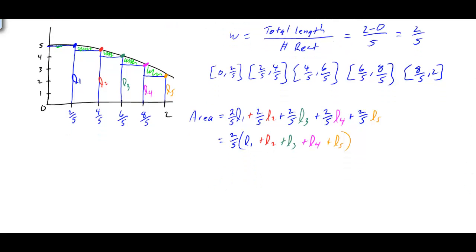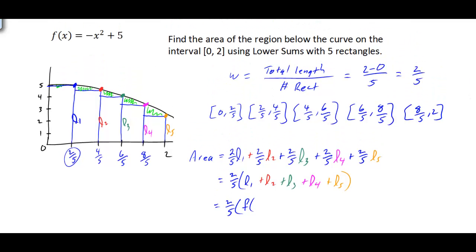So now, how do we actually find this L1? Well, again, we're looking at the 2/5. So we're simply going to plug that 2/5, like I said before, into the original function negative x squared plus 5. We want to evaluate the function at 2/5, and then we want to do the same thing for L2, except here, this is going to be evaluated at 4/5.